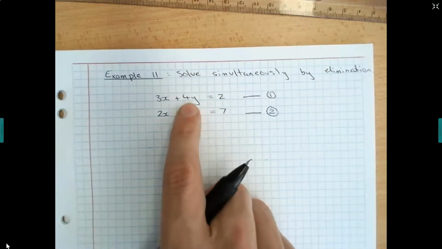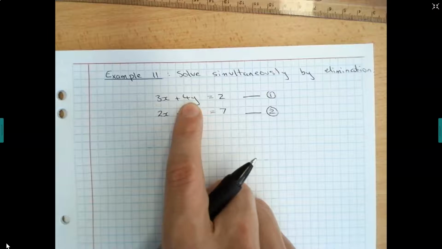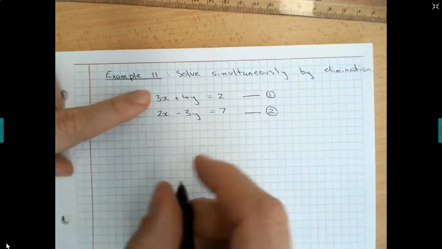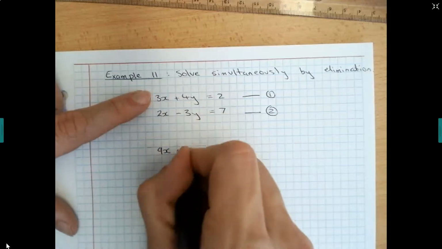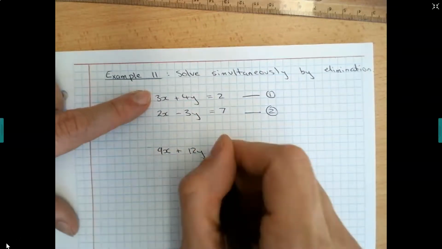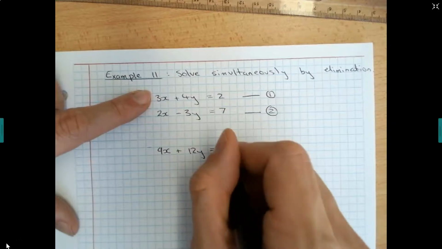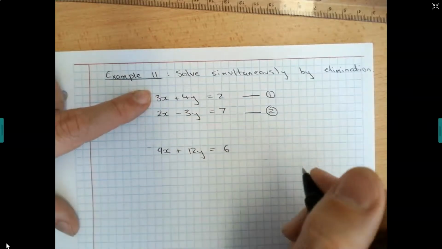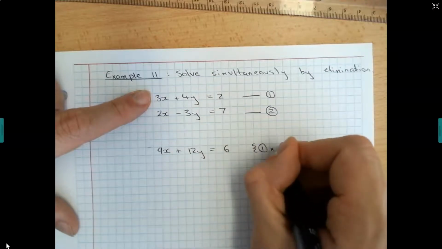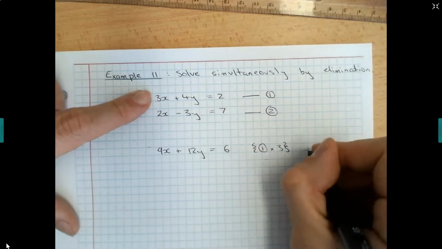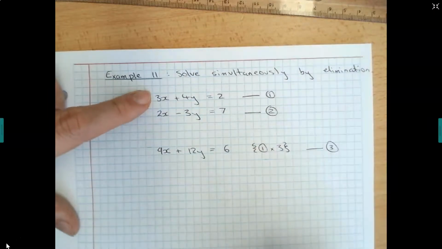So we'll start off with equation 1. If I multiply each term by 3, this becomes 9x plus 12y is equal to 6. So this was equation 1 multiplied by 3, and I'll call this equation 3 now.